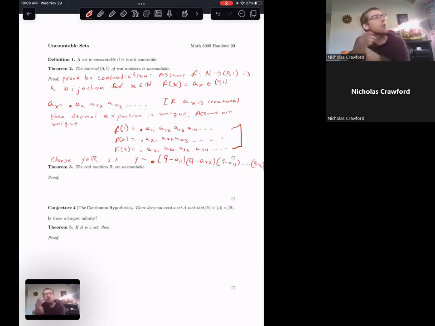So I just created a new number in my bijection. So I must not have had a bijection to begin with. So this is my contradiction. Okay, this is just a very not super rigorous proof of how to do this, but this is called Cantor's diagonalization argument.